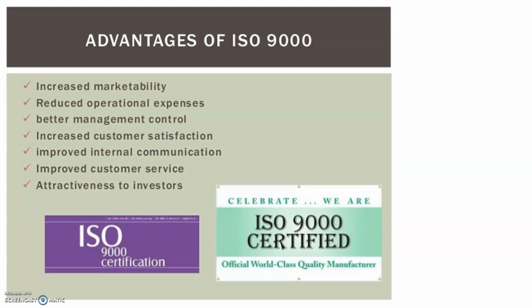Increased customer satisfaction. Obviously, if your product is ISO 9000, there will be more satisfaction from the customer because it will be as per the standards. Improved internal communication. Yes, employee efficiency will be increased, their communication will be increased. Improved customer services. You will get good services, that is, between you and the customer.